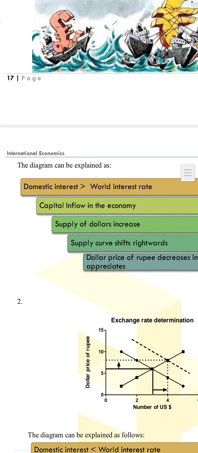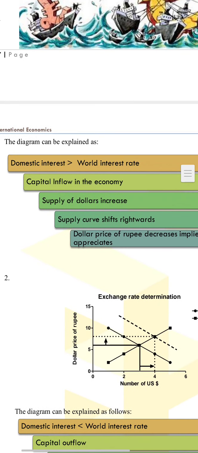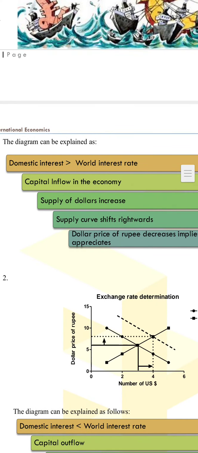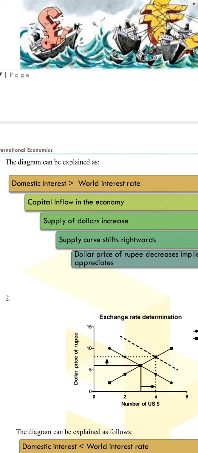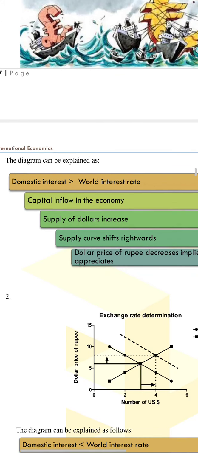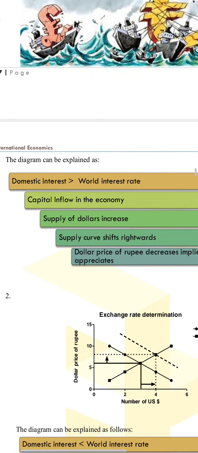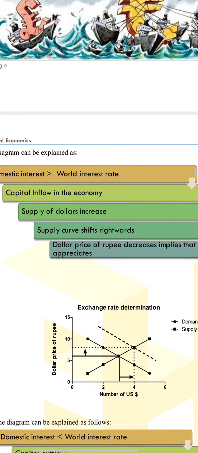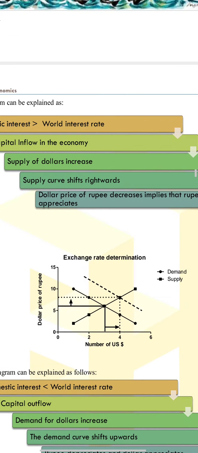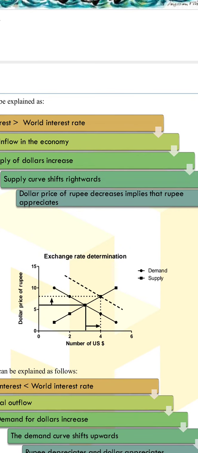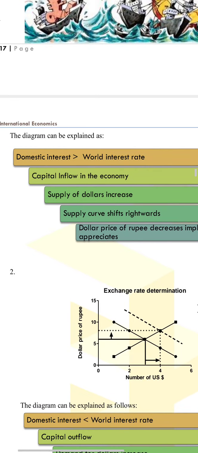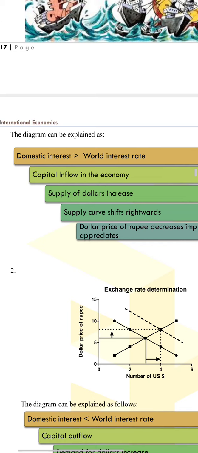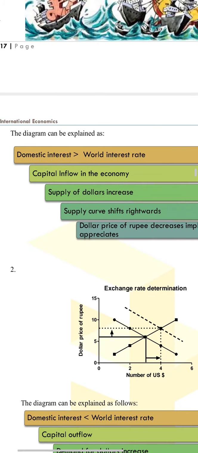This diagram can be explained as follows: domestic interest rate is greater than world interest rate.